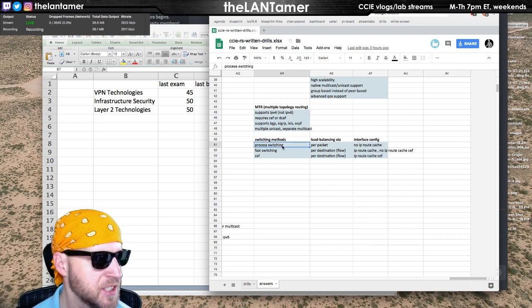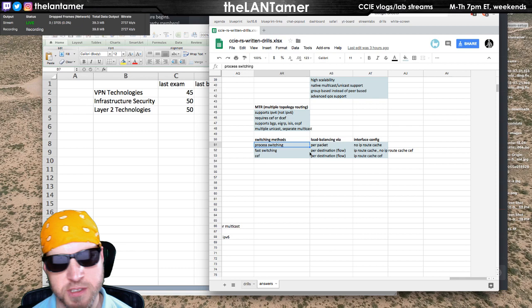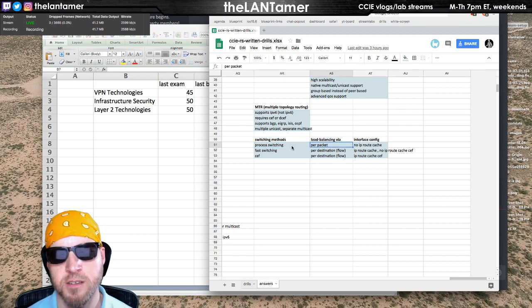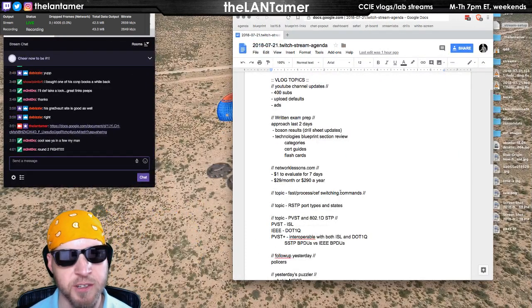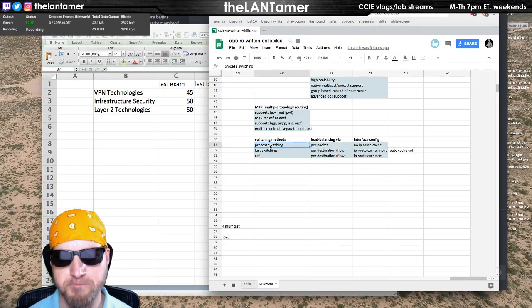So this is going to impact how packets are switched, and load balanced in particular. For example, you have process switching, which is the slowest.